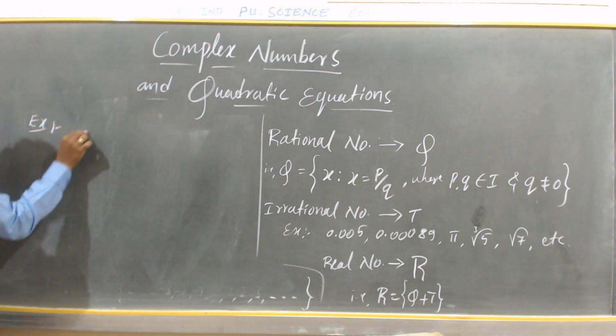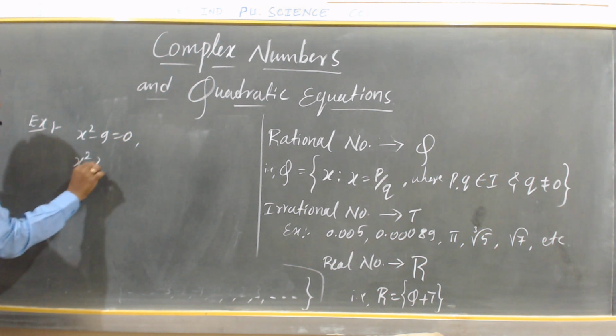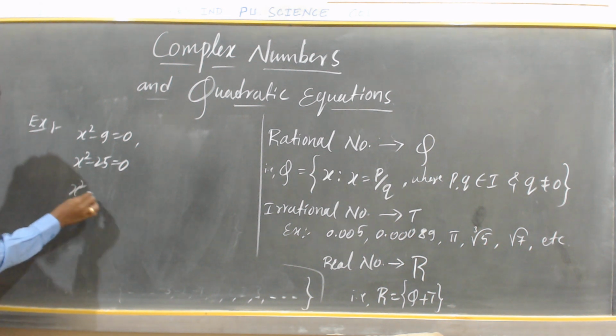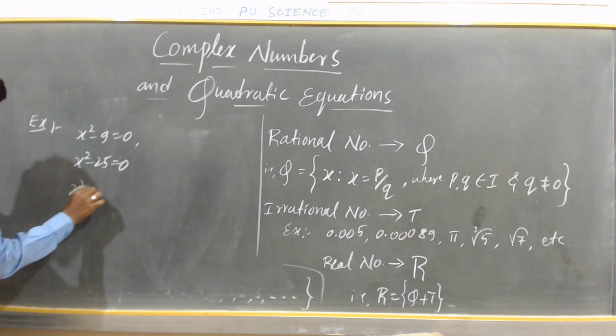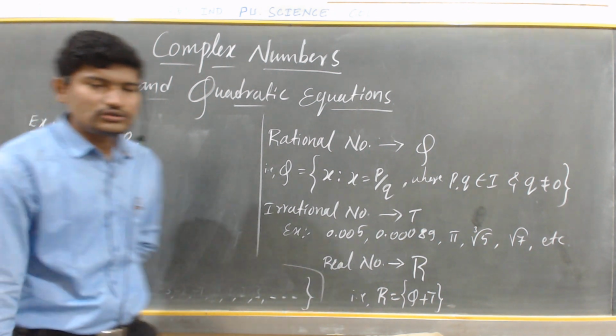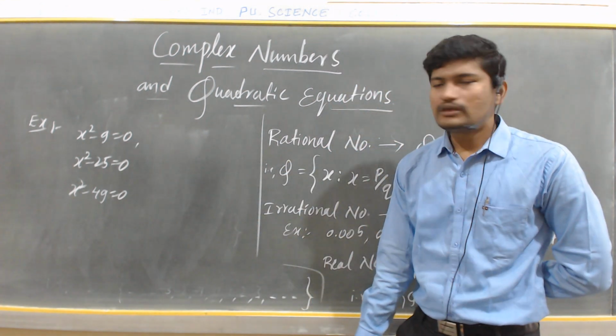Example: x square minus 9 equal to 0, x square minus 25 equal to 0, x square minus 49 equal to 0. Dear students, can we find the x value in these three problems? Yes, of course.